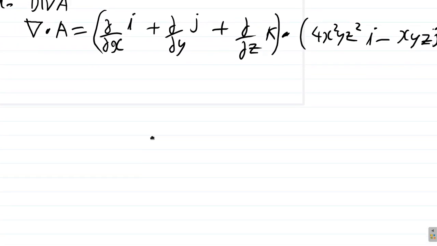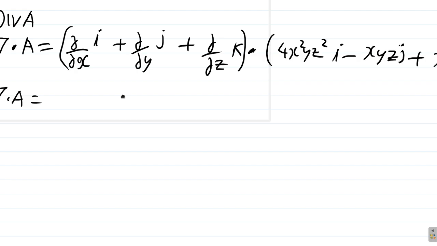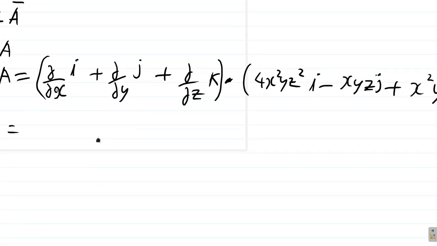Now, nabla dot A is going to be, remember, when you find the dot product of two vectors, just the coefficient of i times the coefficient of i, plus the coefficient of j times the coefficient of j, plus the coefficient of k times the coefficient of k.